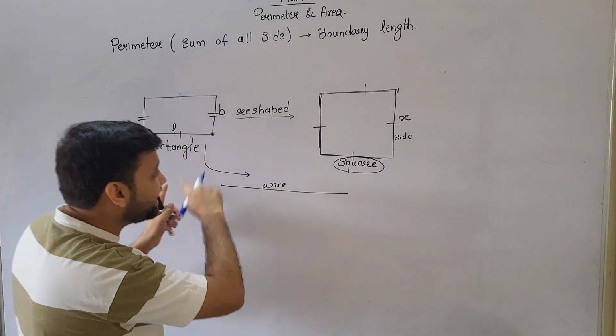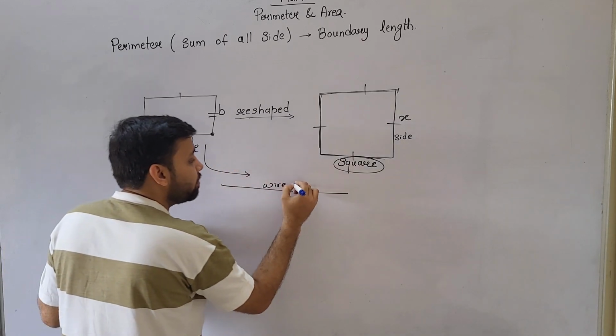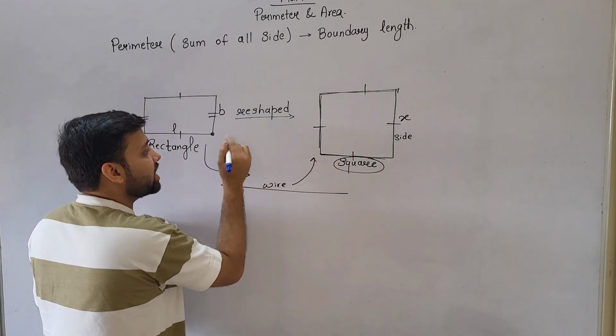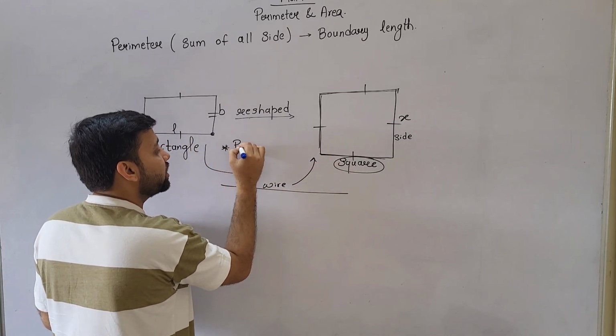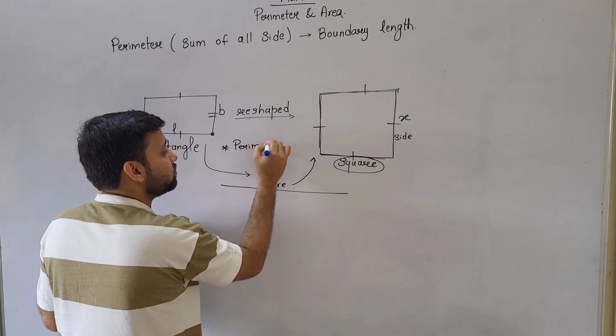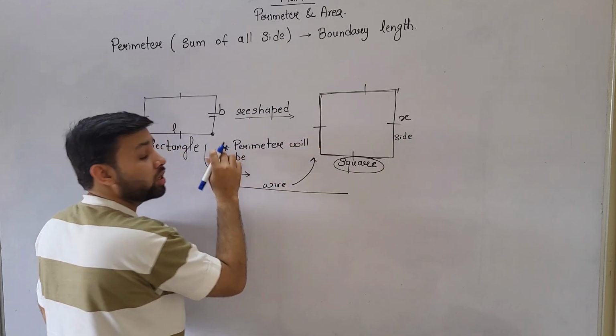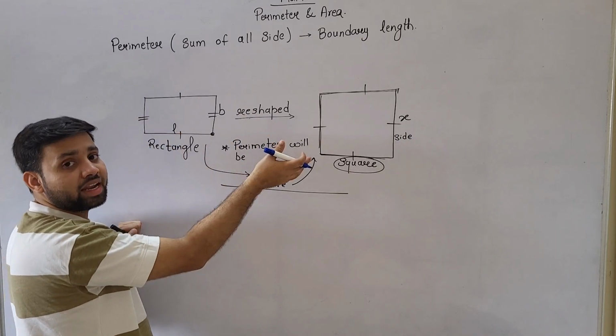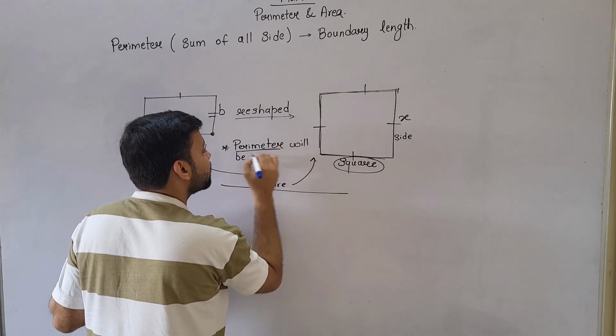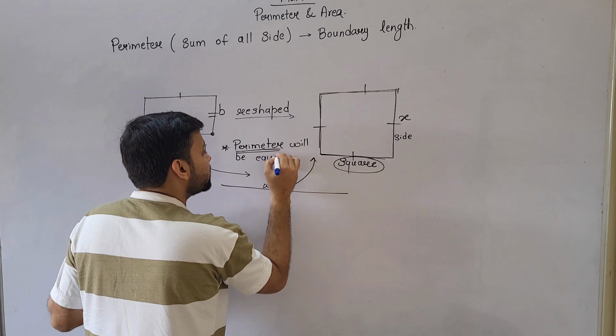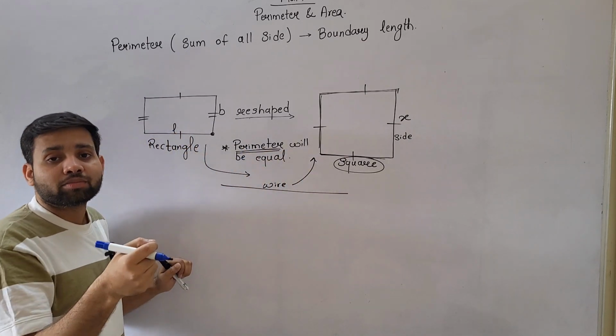They will not write it, but if it is formed with the same wire, then we need to note down that the perimeter will be equal. What is going to be the same in both the rectangle and the square? Perimeter. Understood? Such kinds of questions they might give in the exam.